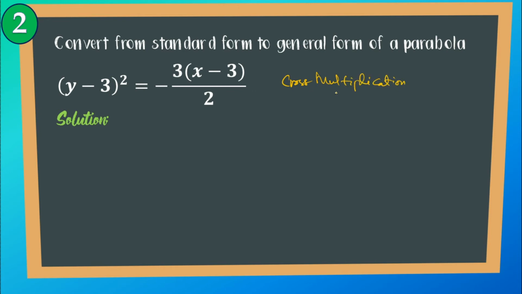Since yung (y minus 3) squared, meron siyang denominator na 1 here, right? So, multiply natin yung (y minus 3) squared ng 2, tapos ito, 1. Okay? So, magiging 2 times (y minus 3) squared equals negative 3x minus 3. Hindi na siya nagalaw kasi 1 lang yung minamultiply natin.